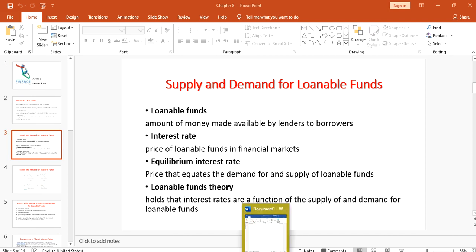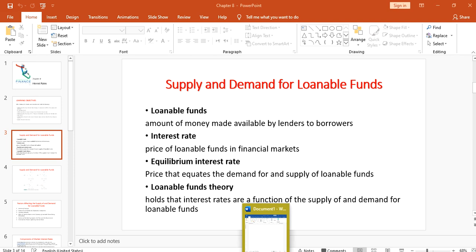Before getting into the detail of interest rate, it's important to know some terminologies. Loanable funds: amounts of money available by lenders to borrowers.